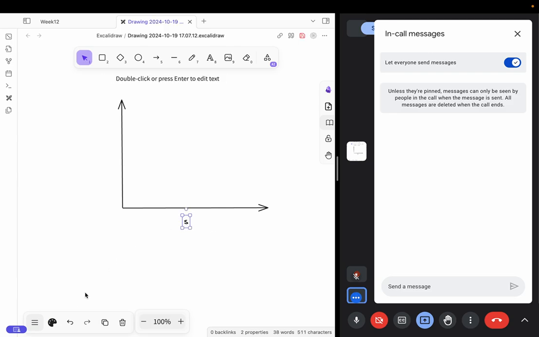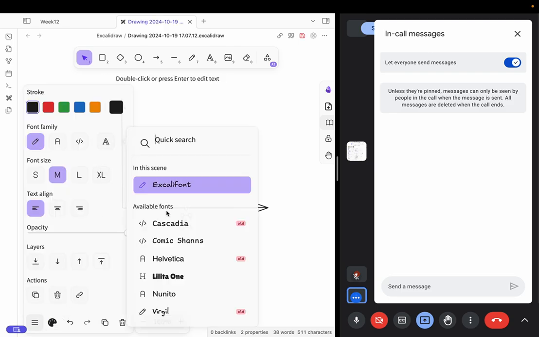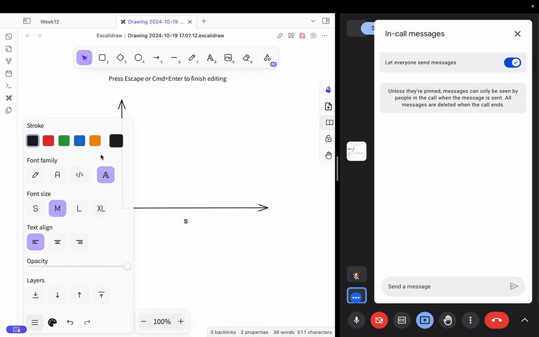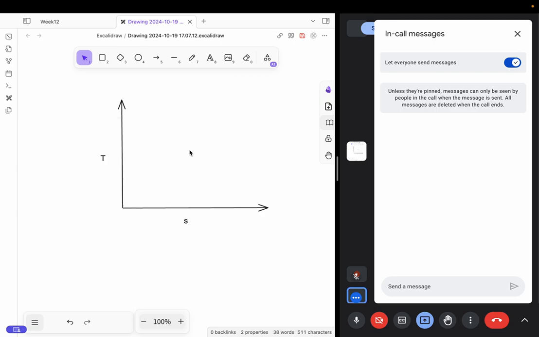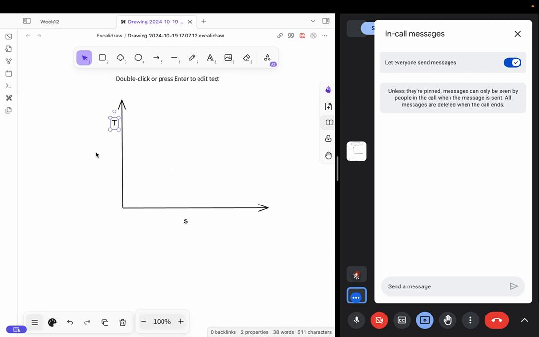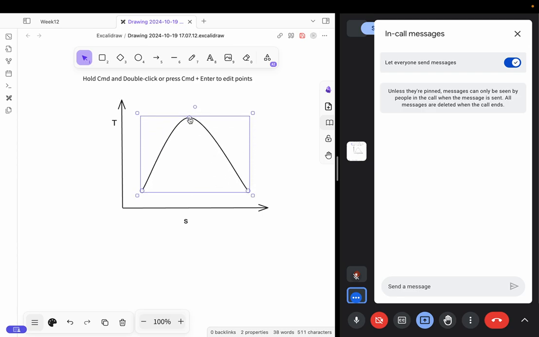This is my entropy. This is my temperature. So you'll have the curve, a little tilt, something like this.